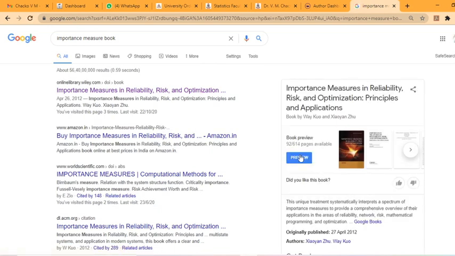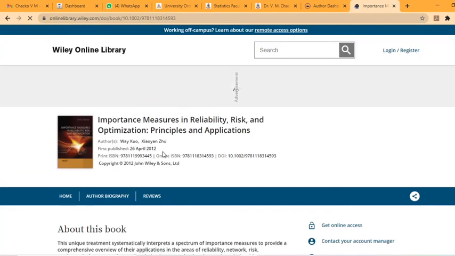I think in this book, you can see, this is the book available online, in the online library.